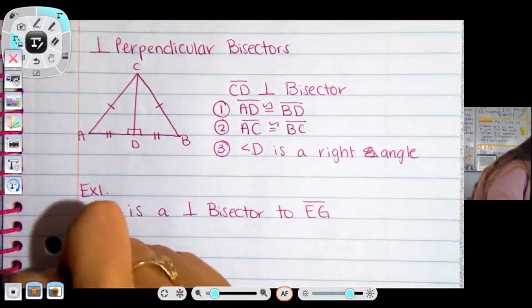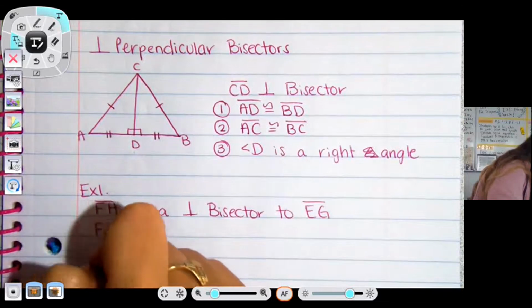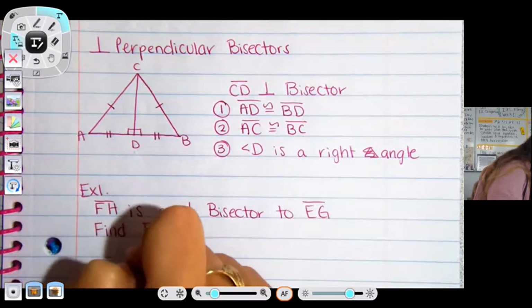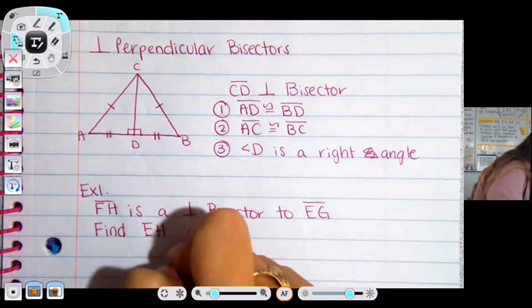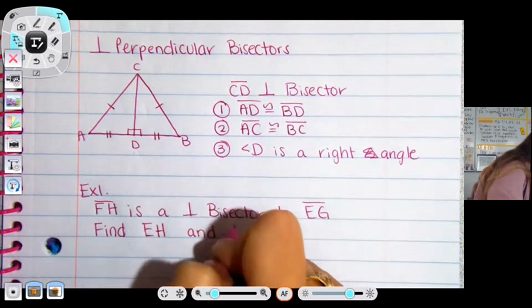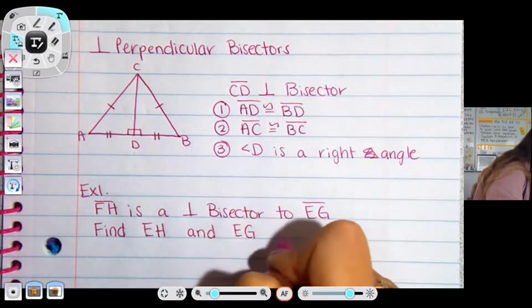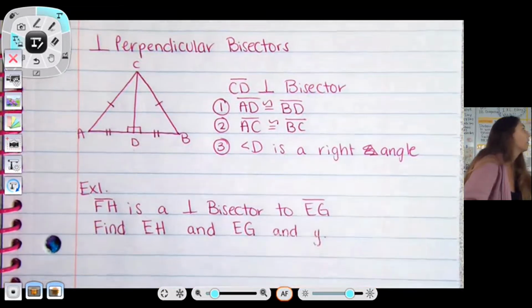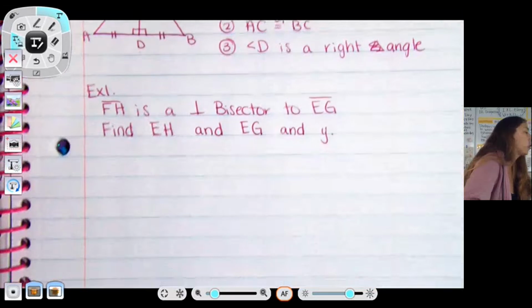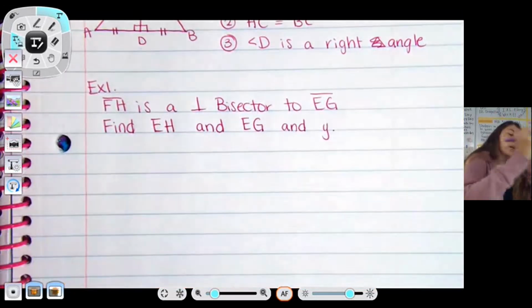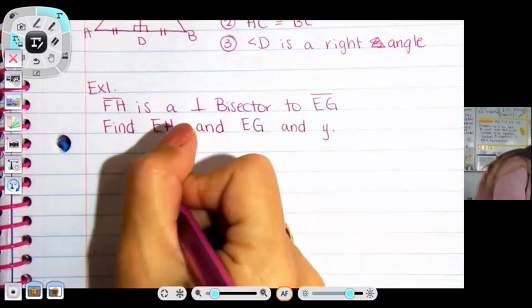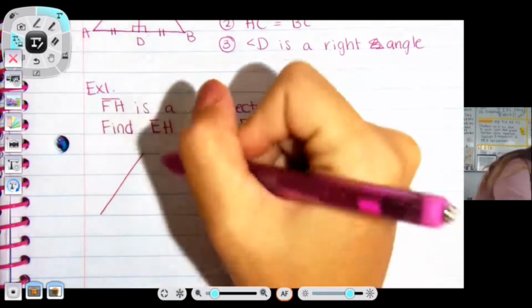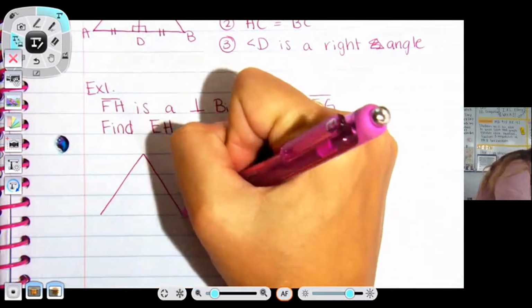And what we're trying to find here, and we'll draw our picture after, find EH and EG and Y. And then I'll draw your little picture for you. So same thing, I want you to try to make an equilateral triangle. We're going to split it in half because this is like the given information. This problem would be given to you.